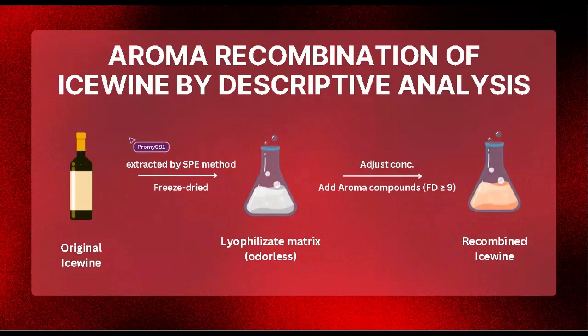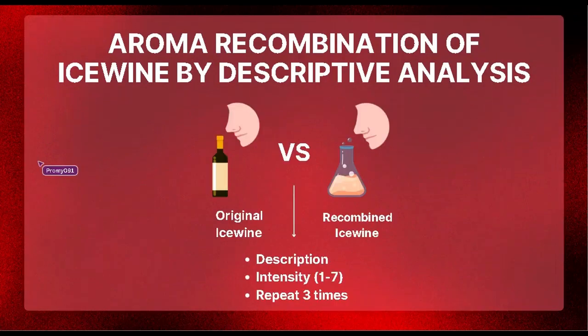Then the aroma compounds were added in. Now, if the aroma profile of the recombined ice wine matches the one from the original ice wine, the data obtained from this experiment would be valid.